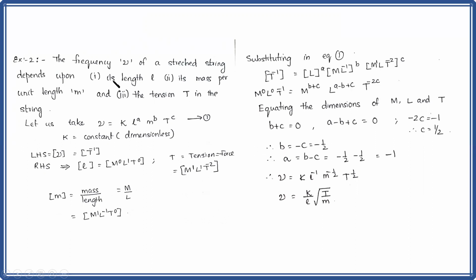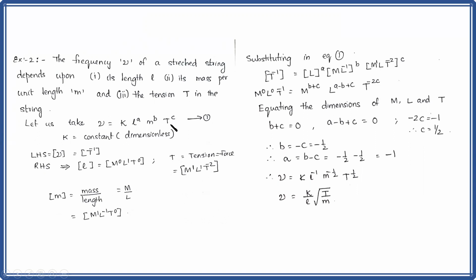Nu is the frequency, so let us take nu at LHS. Nu is equal to some constant k, which is a dimensionless quantity, L to the power of a, since it depends on length, M to the power of b, where M means mass per unit length, and T to the power of c, where T is the tension in the string.